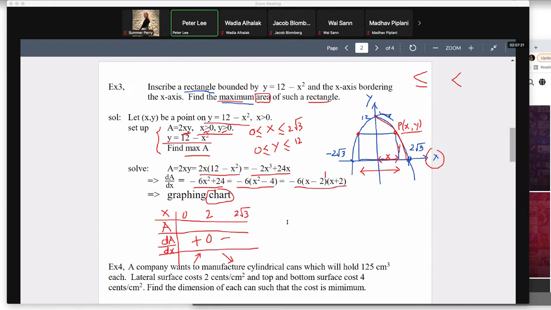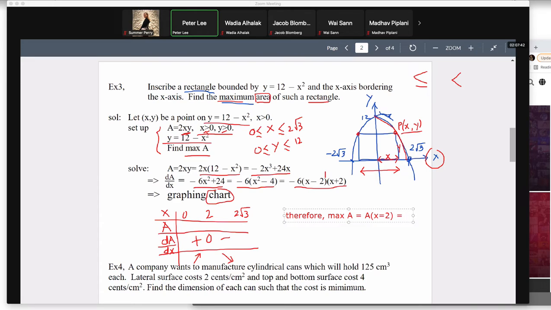Now you can say, therefore, max A is equal to A when x equals 2. And when x equals 2, what is the area?